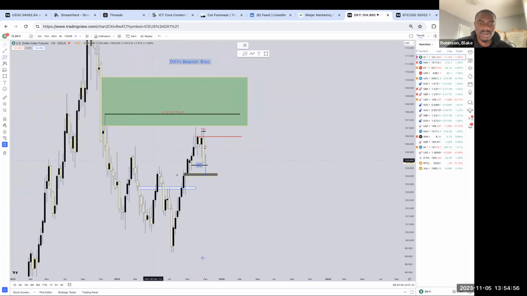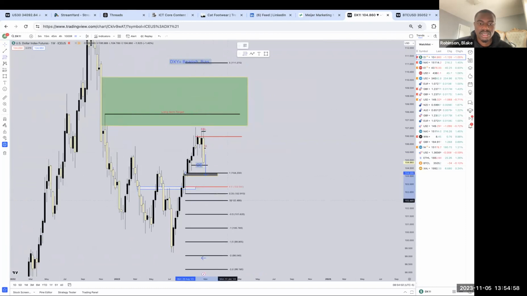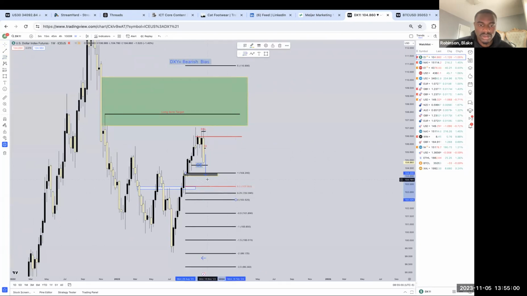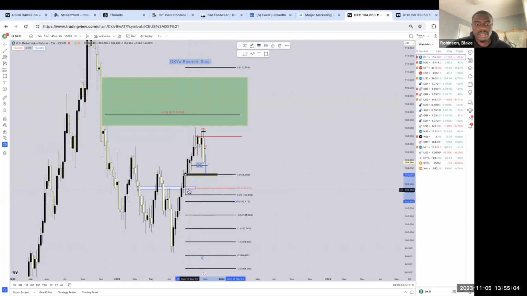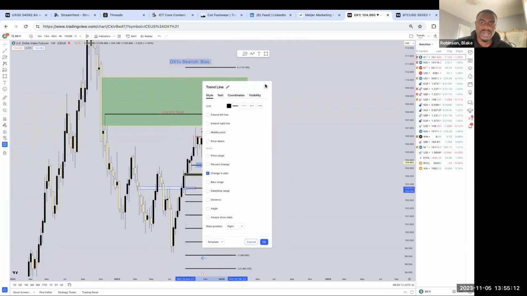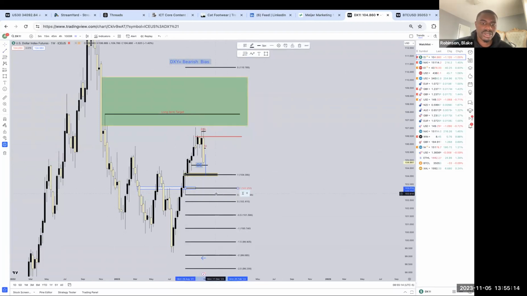I would also note the consequent encroachment level of this wick, because it's a very prominent wick. That will be my fail-safe on my trading idea: if price breaks past that point, the overall trend will continue going lower.